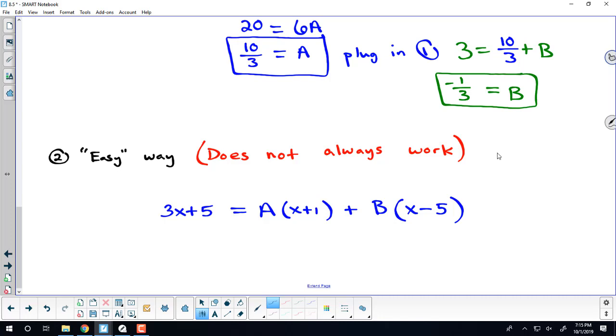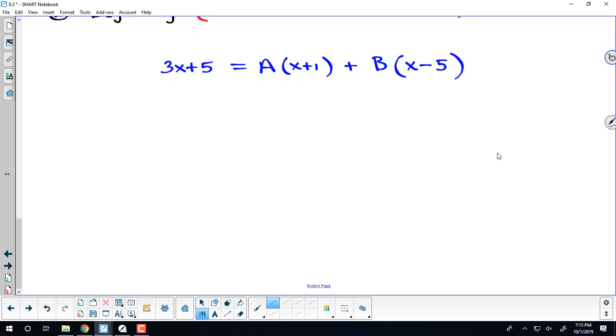And that's what we are looking at solving for A and B. So notice here, before we even distribute anything, one, we can say let x equal to -1. Because if we let x equal to -1, then it completely eliminates the a times x plus 1 for us.